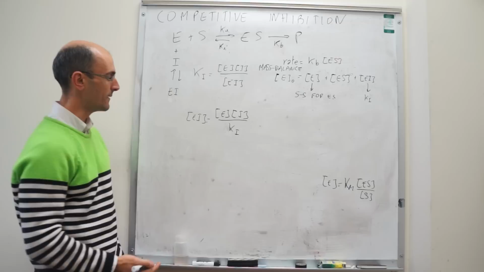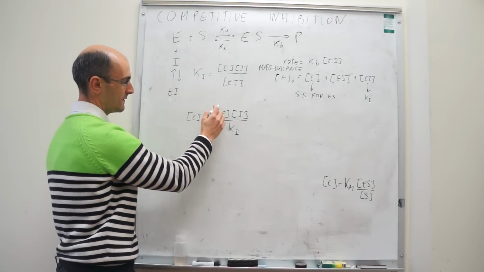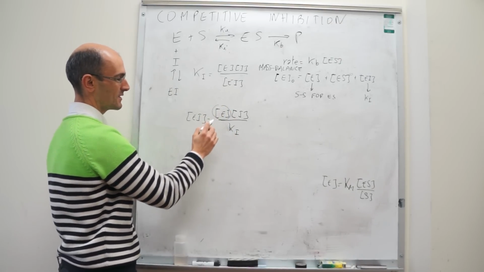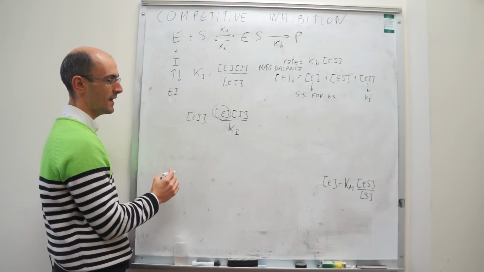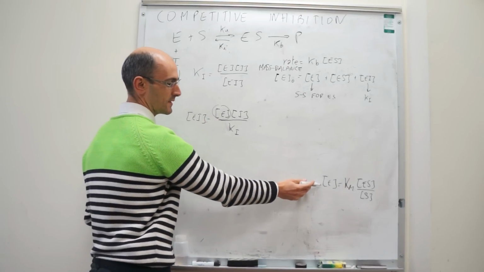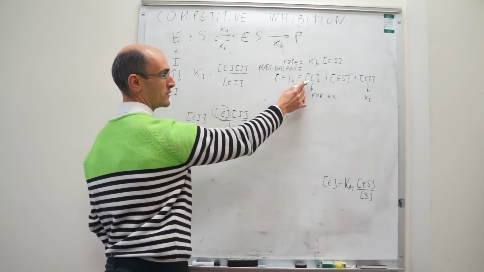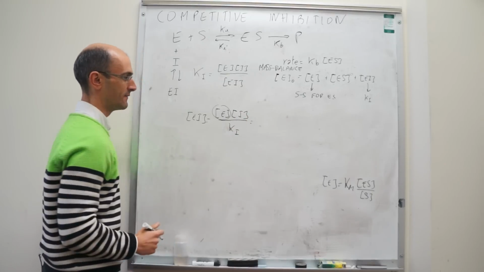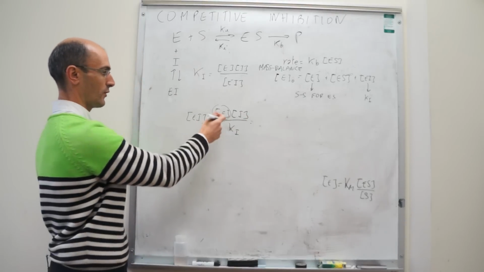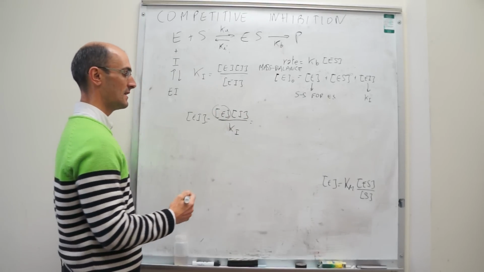Notice though that proceeding this way, you still have this concentration of enzyme right there, which is not convenient. You would like to have that as a function of ES, but that's actually what we have already done in the prior step. So we can use that expression, put it right here to figure out what the concentration of enzyme is, and then we'll be set.